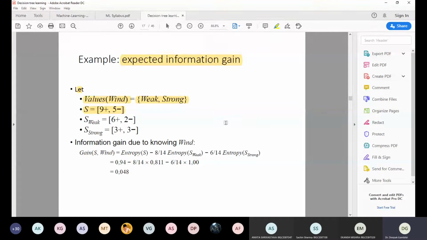For this particular example, suppose the weak set has 6 positive cases and 2 negative cases, and the strong set has 3 positive cases and 3 negative cases.